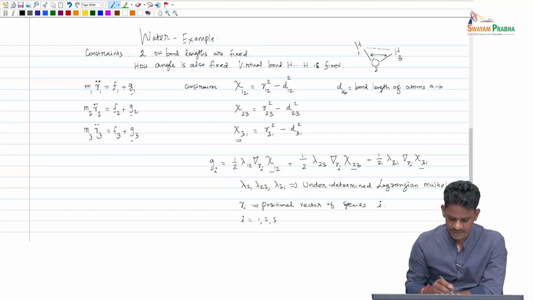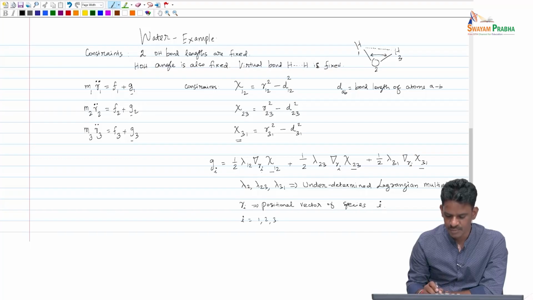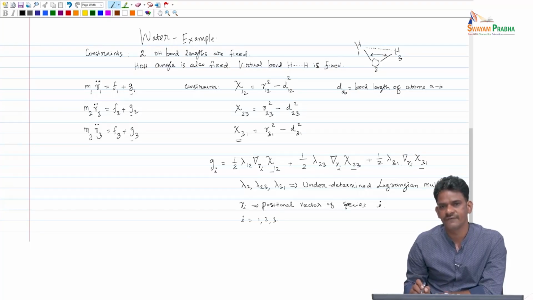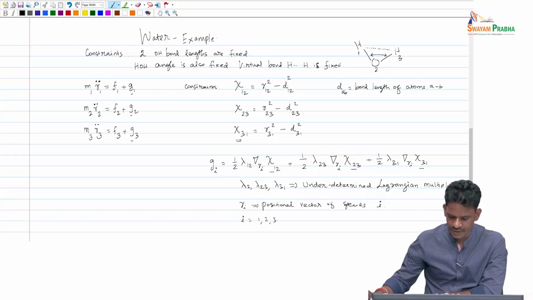So we are able to write the set of constraint forces for each of these species as a sum of the gradients of chi12, chi23 and chi31. Now, like we did before, we can substitute for the values of chi12, chi23, chi31 in each case, and then get an expression for G1, G2, G3.